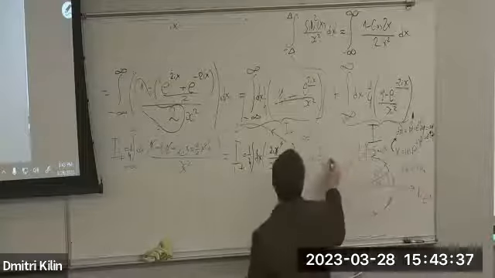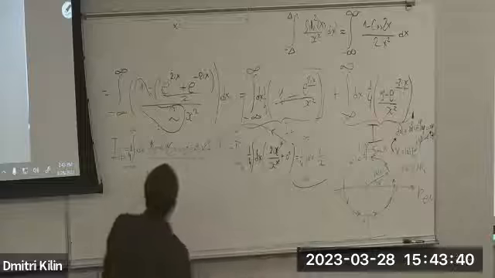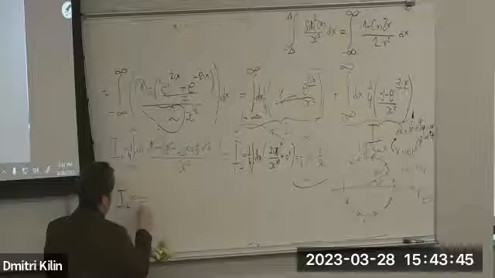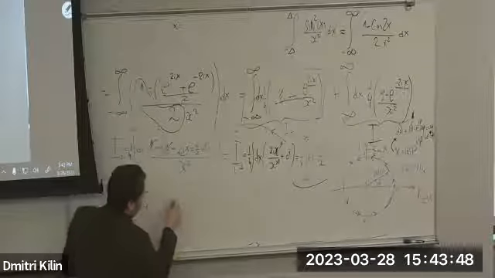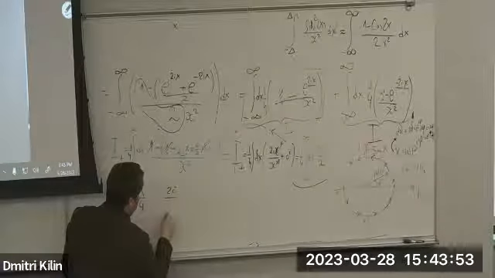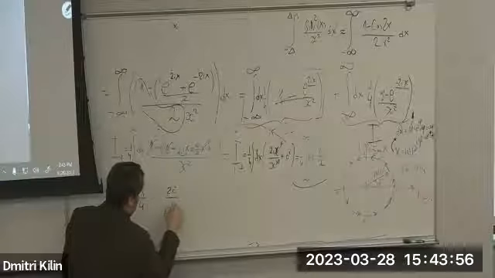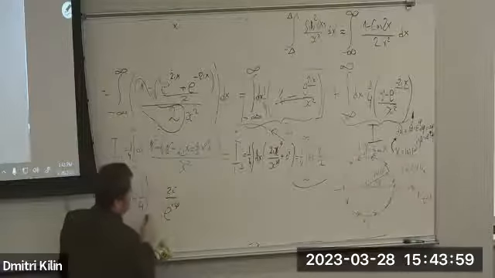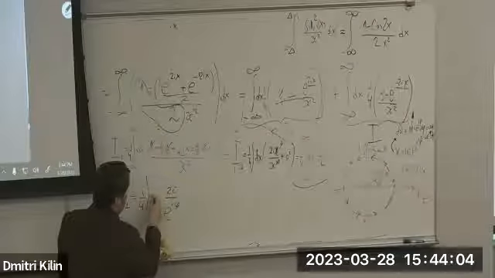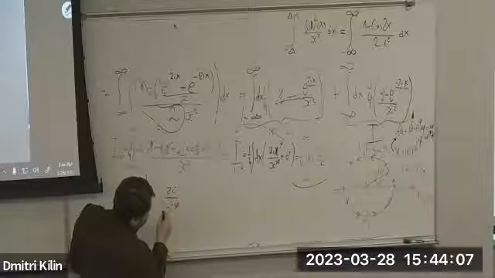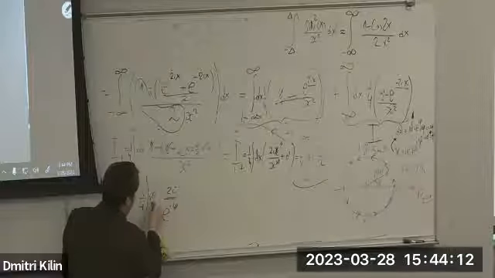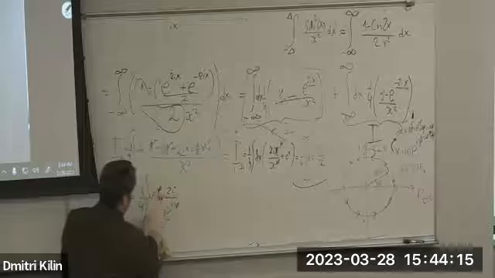So now it is time to plug it into here. x is replaced by e to the power i phi, and we replace dx by i e^(i phi) d phi.